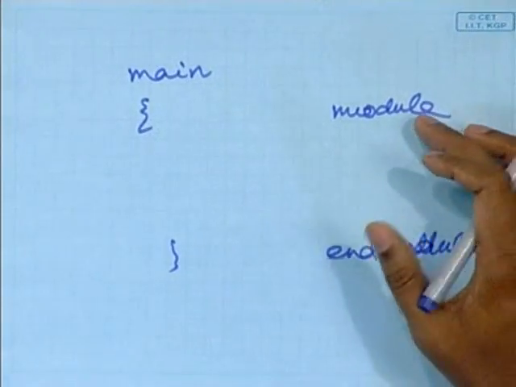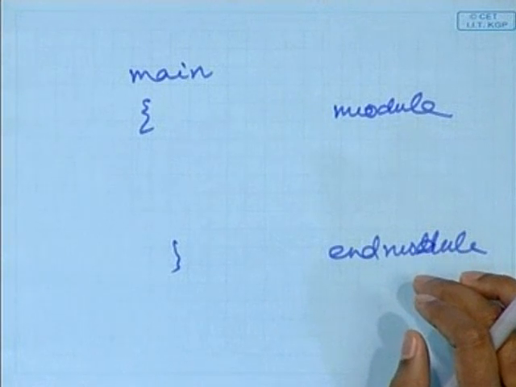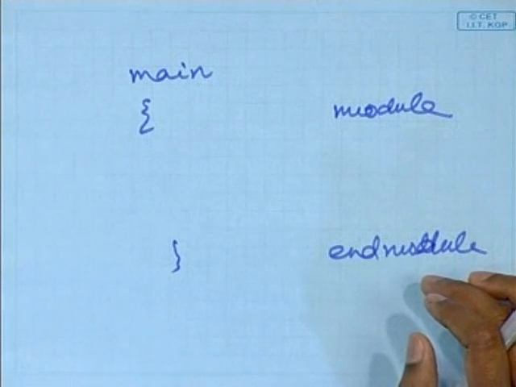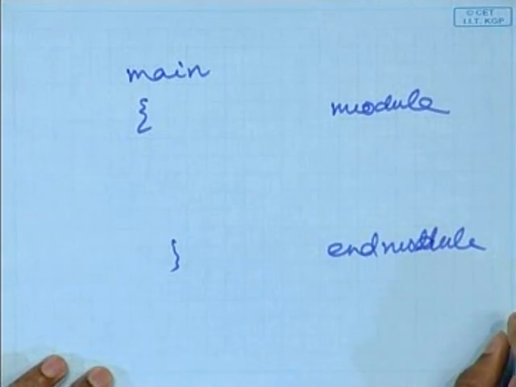Now, what are the syntaxes between module and endmodule? Broadly speaking, this is the module declaration. You have the keyword module, and you have to declare your module name, that is, your chip name.